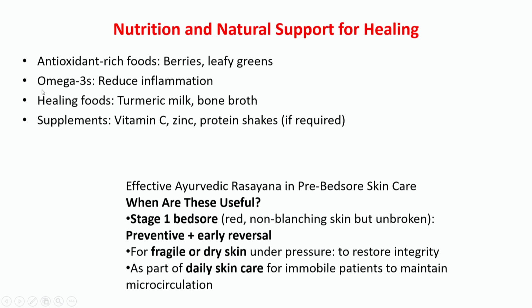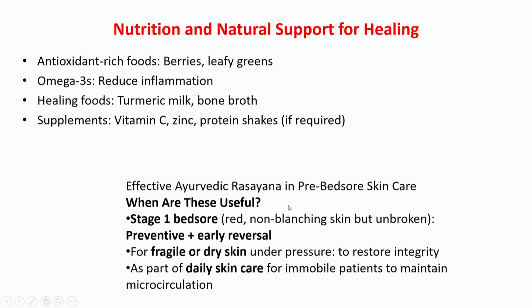Nutrition and natural support for healing: antioxidant-rich food like berries and leafy greens, omega-3 which reduces inflammation, healing food like turmeric milk, bone broth, and supplements like vitamin C, zinc, protein shakes, etc. Effective Ayurvedic Rasayana, this is what I wanted to emphasize. Ayurvedic Rasayana group of drugs are very important food supplements. Along with the nutrition supplements, Ayurvedic Rasayana, if added, can be a 1 + 1 = 11 situation in pre-bed sore skin care.